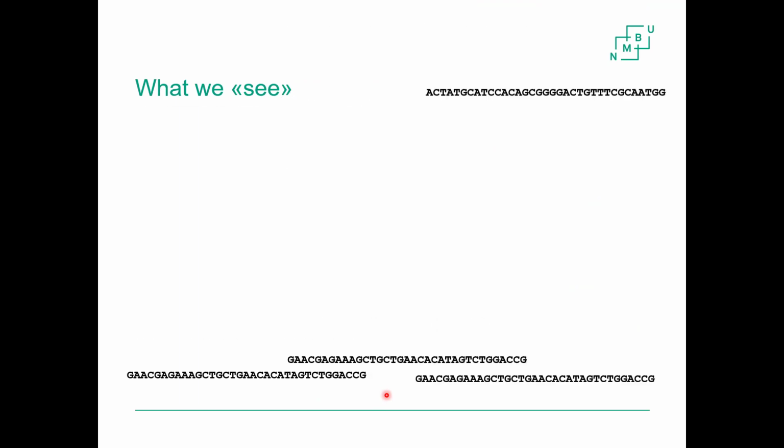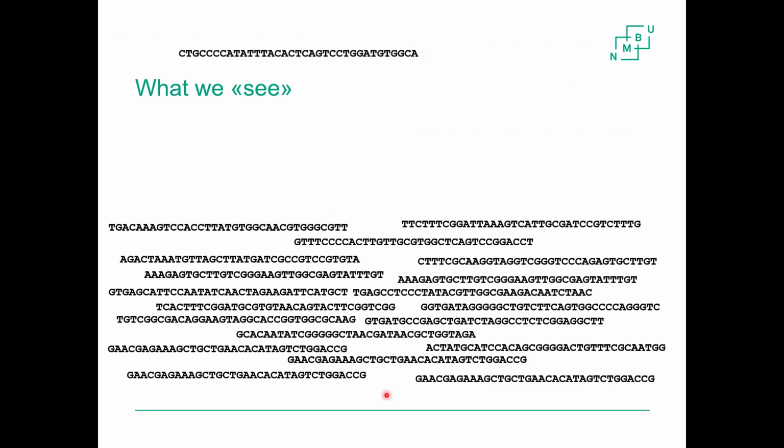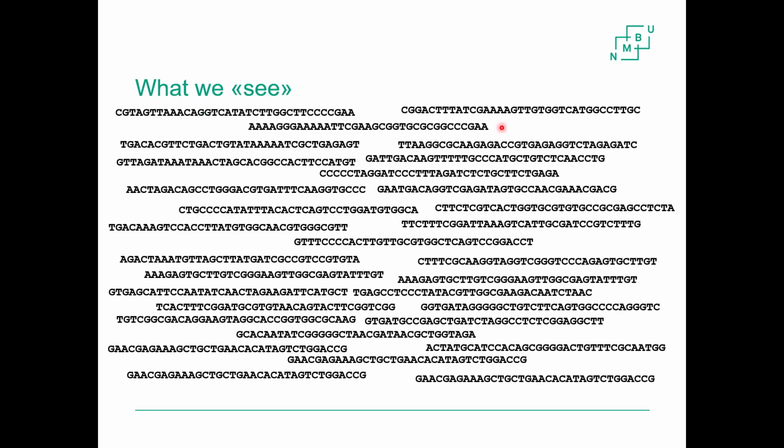So what we see when we have done some sequencing is reads, regardless of what type of sequencing we do. We end up with lots of short DNA sequences representing a piece either of a gene or of a genome. And this is a complete mess if you don't use bioinformatics to sort things out.